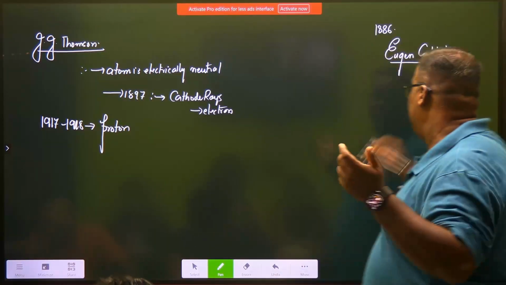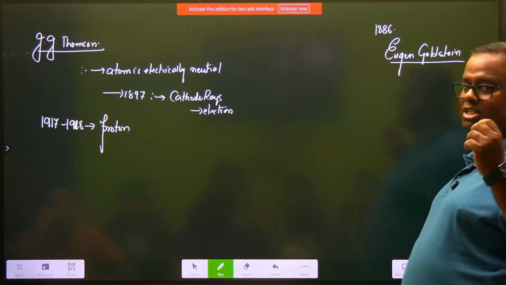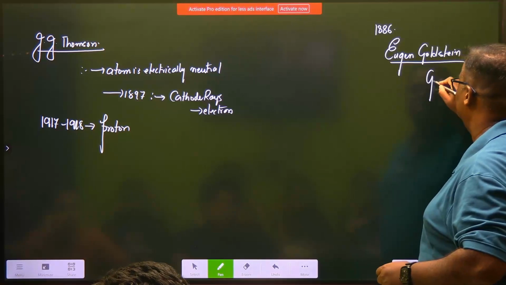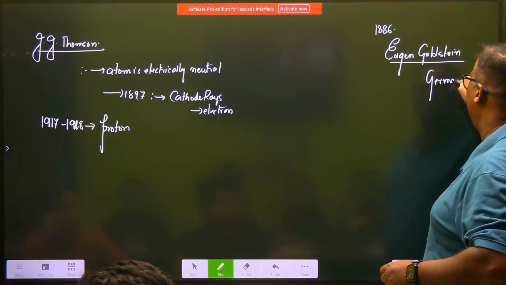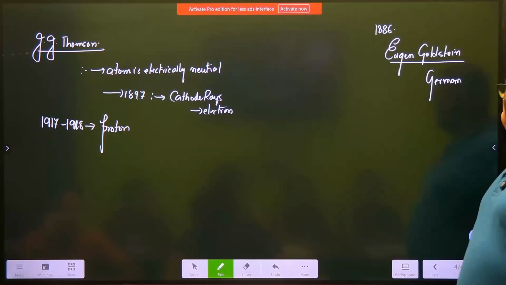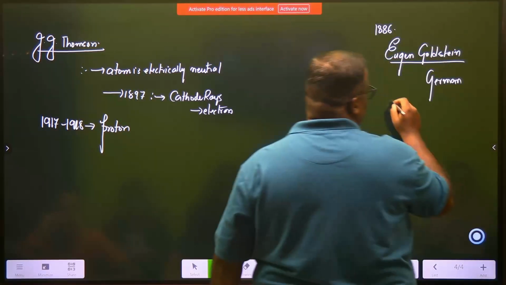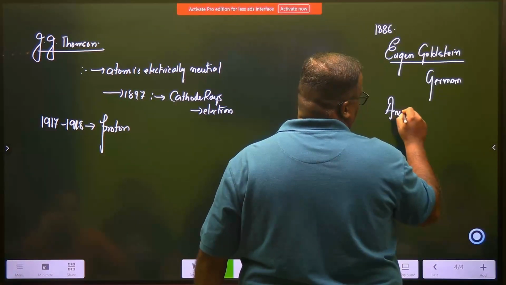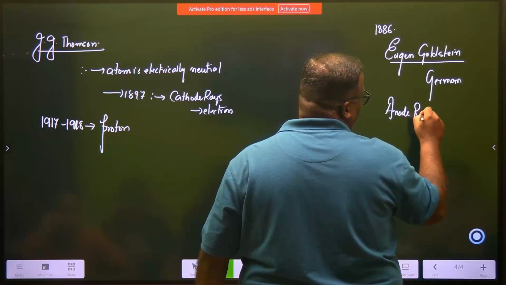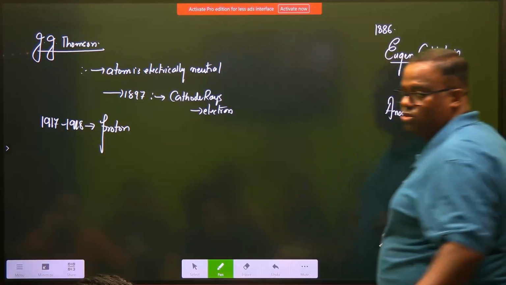So in the year 1886, Eugen Goldstein, a German scientist, had no intention of studying subatomic particles. He was doing some experiment on something known as anode rays, basically to build something like a television monitor or an oscilloscope.